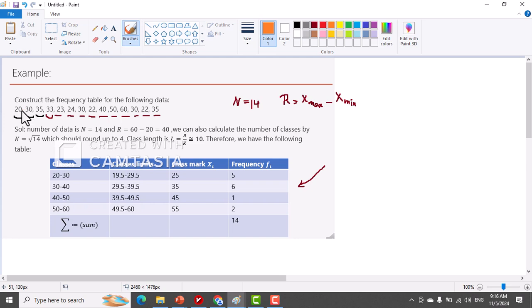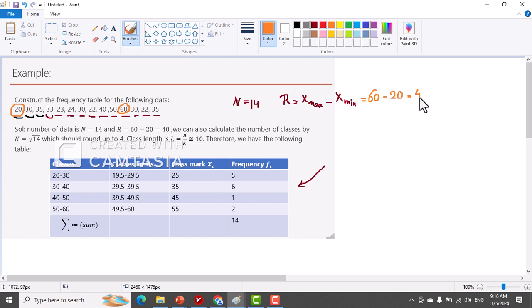The smallest data that we have over here is 20, and the greatest one is 60. So the maximum is 60, and we subtract 20 from that, so 60 minus 20 gives us the range of the data, which is 40.